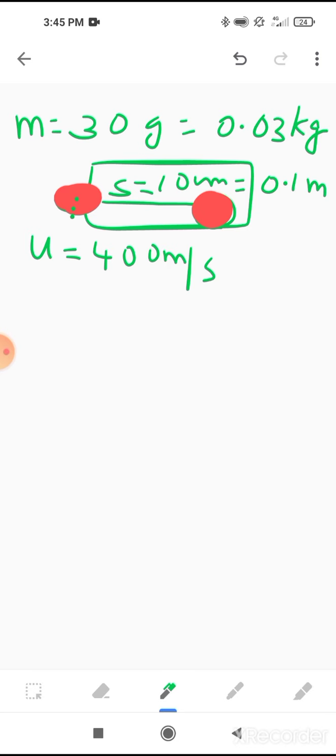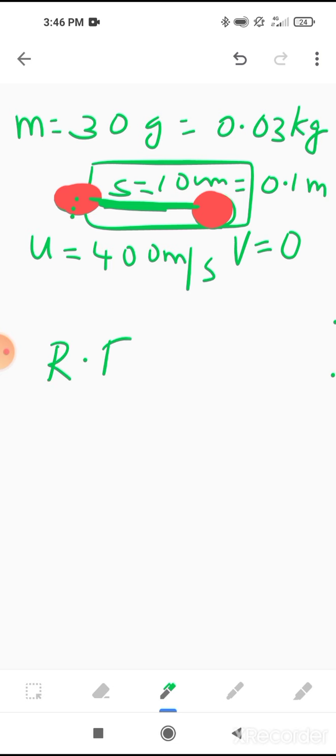The bullet went into the mud wall. This rectangle you imagine as the mud wall. It penetrated into the mud wall by a distance of 10 centimeter and stopped. Stopped means final velocity is 0. You are asked to find out the average retarding force exerted by the wall.